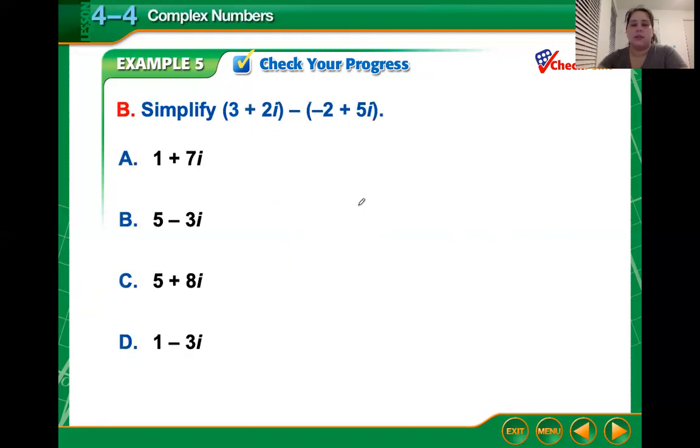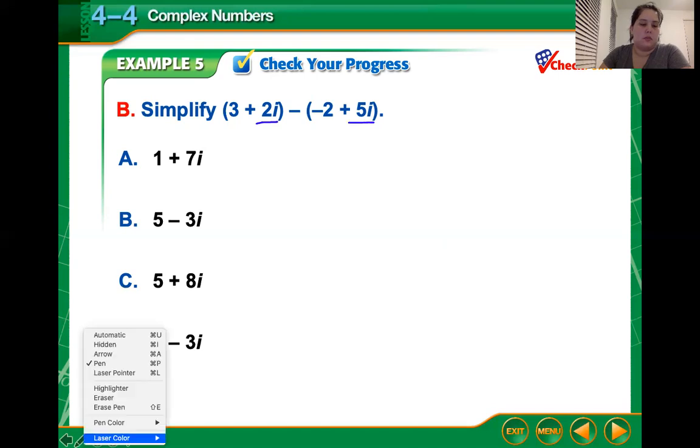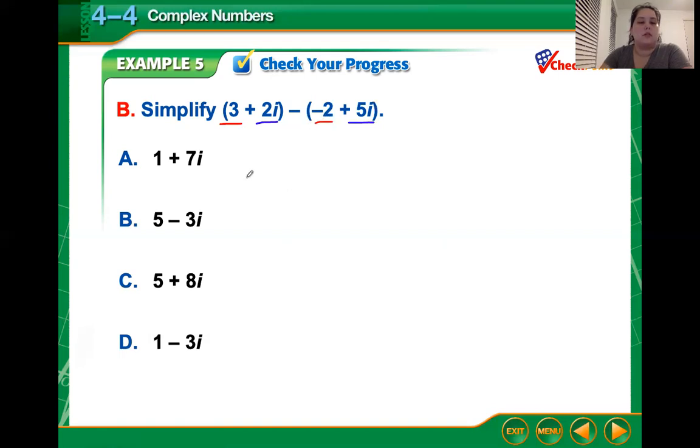Right, go ahead and simplify 3 plus 2i minus negative 2 plus 5i. So we're going to do real with real here. We're going to do 3 minus negative 2, which is 3 plus 2, which just gets me 5.